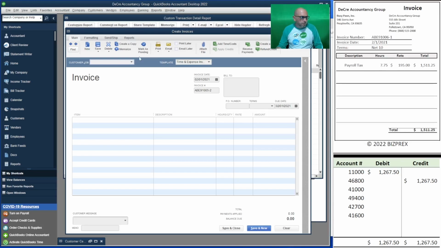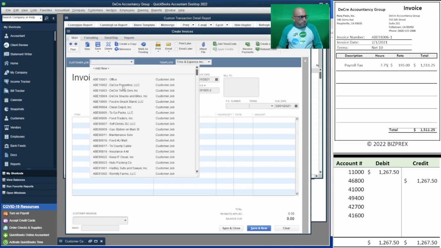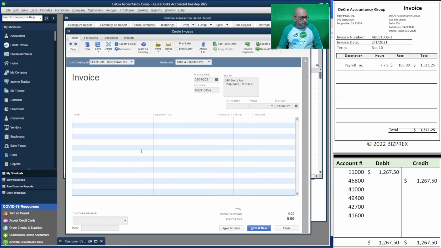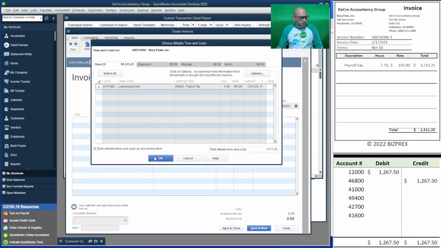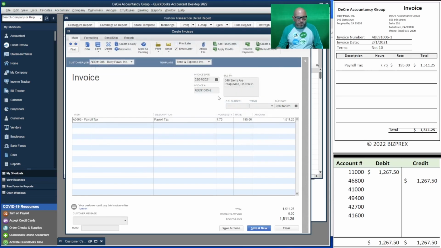Payroll tags. Easy. All right, debits and credits. Try it again. You don't see them on the interface, but on this one it's easy to show, so I'm going to show it to you.